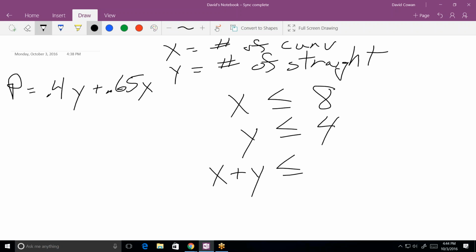X plus Y is less than or equal to... Every set will contain no more than how many? 36 sections in all. And what's the very last part? More than 20 sections of either type. They can contain no more than 20 of either type?